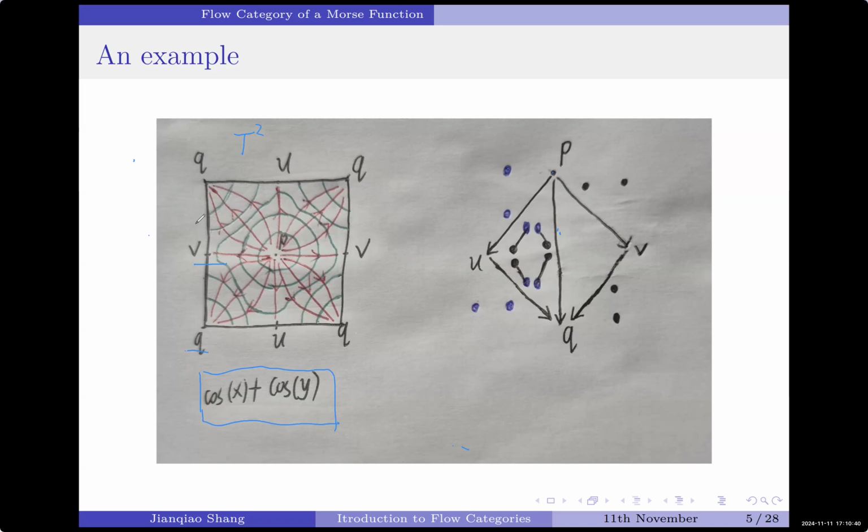And we have the embedding map from the compactification, which maps the product of these blue points to here the 4 blue points, and here the 4 black points, their product to these 4 black points.